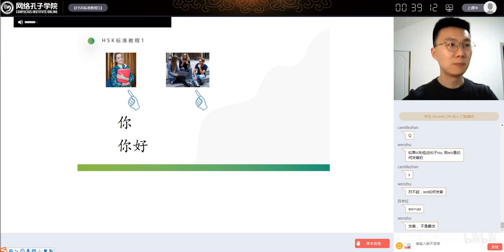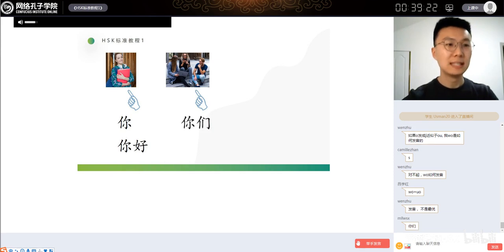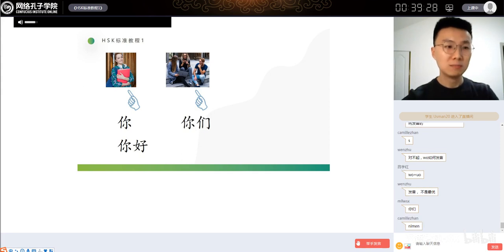Let's look at this one. There are 3 students, right? So in this case, which word should we use? We should use 你们. And if you want to greet them, we should say 你们好.